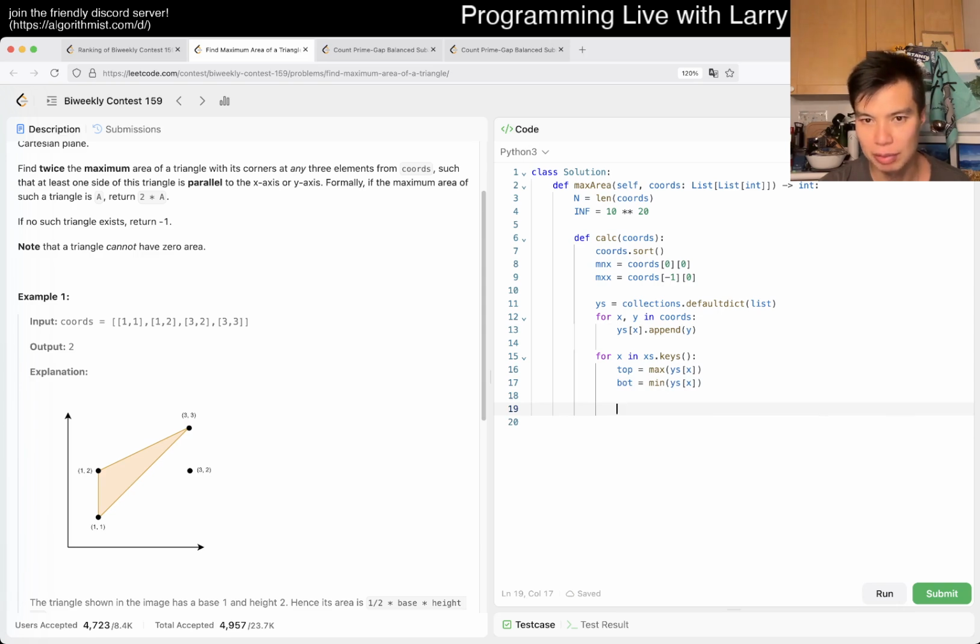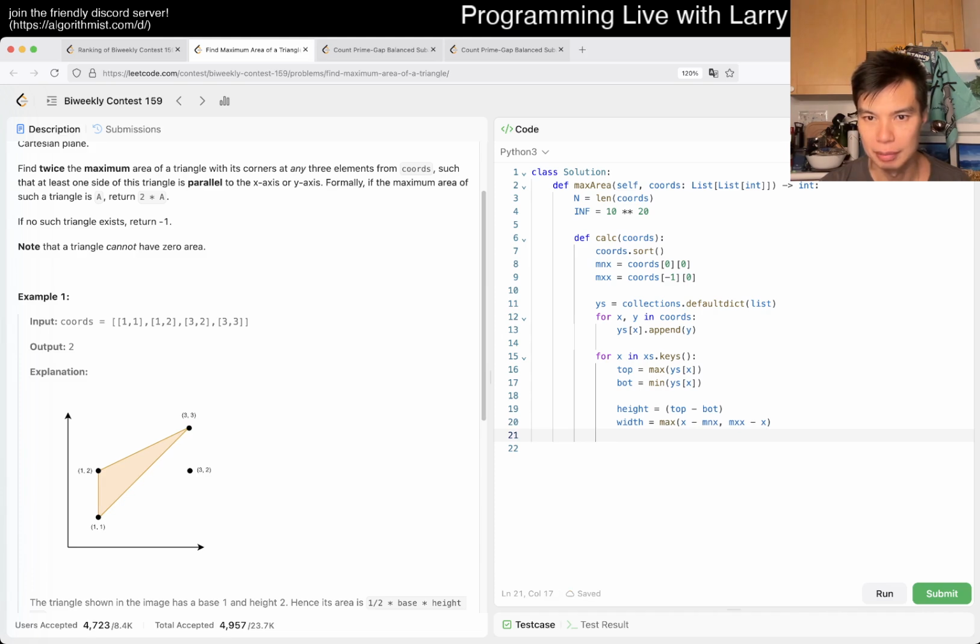Now we have to get the width, which is either times x minus mx. Okay, so let's just get what did I say, width? That's height actually. Max of the min x or this, right?